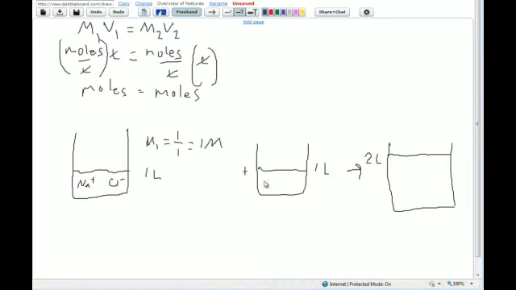Now look at what happens if we do this, but we mix 2 solutions of sodium chloride together. In this case, we have 1 sodium chloride here, we have 2 sodium chlorides there, so in our final volume we would have 3 sodium chlorides.